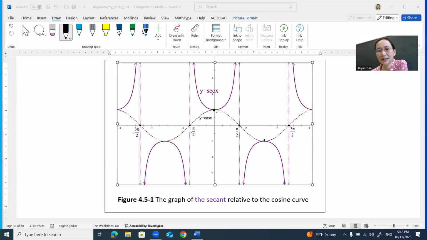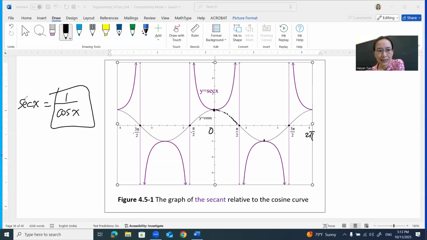But then let's just look at only one period of the cosine function, from 0 to 2 pi. When cosine is getting smaller and smaller, close to 0 but not equal to 0, what happens? When this denominator is getting smaller and smaller, the fraction, which is the secant value of x, is getting bigger and bigger.